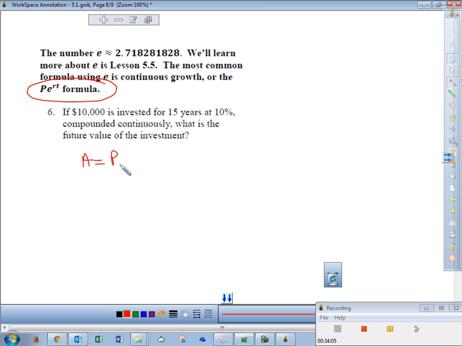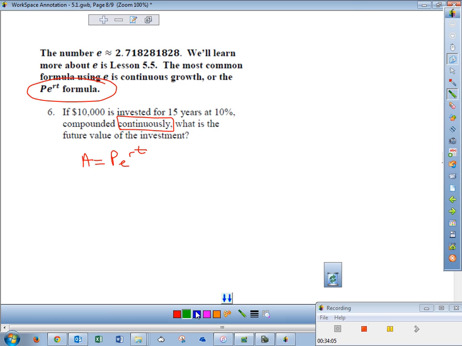I like to put A equals for my amount. If $10,000 is invested for 15 years at 10% compounded continuously, anytime they say continuously, that's a PERT situation. What is the future value of the investment? The big thing that we'll need before we get to the next few lessons is, was this number the amount after the interest or the principal before the interest?